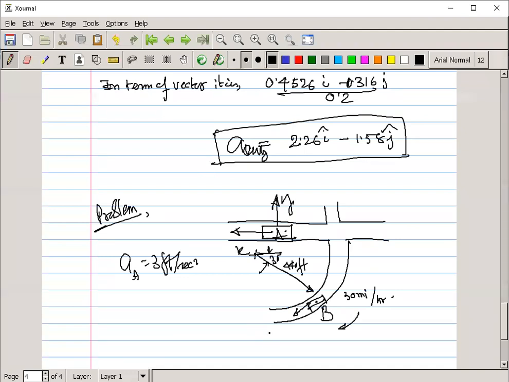Clear? If car A has reached a speed of 45 mile per hour, for that position only we have to calculate.